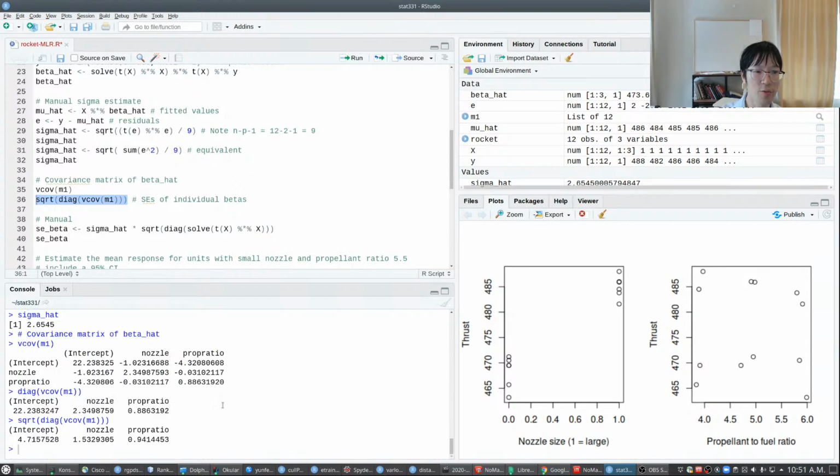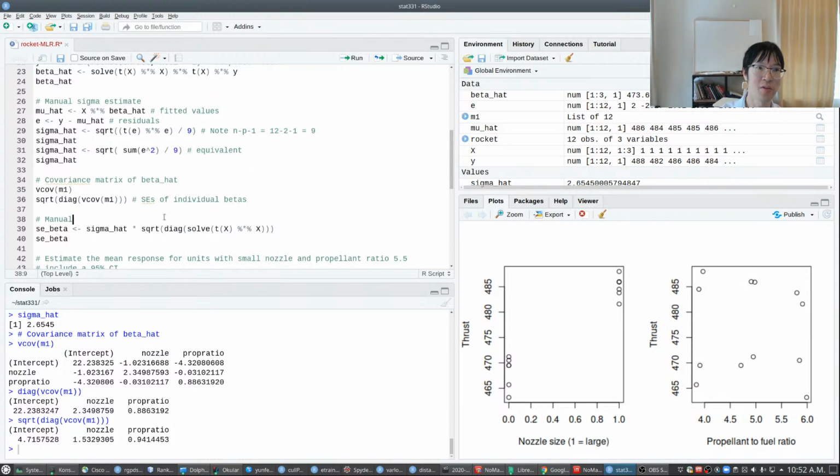Okay, and then likewise, we can also do this calculation manually. So according to what we derived, what's the estimated covariance matrix? Well, it's sigma squared hat times the X transpose X inverse.